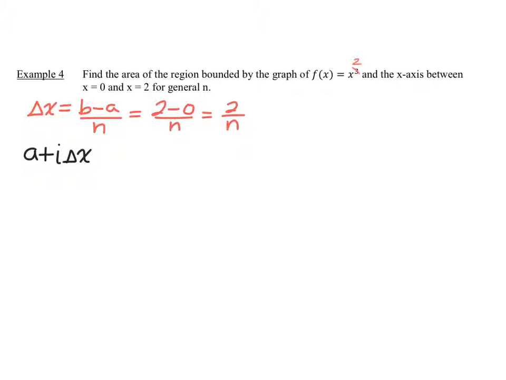So, a is 0. I want to keep i variable because I want it to be any i. I want this to allow me to be at any position under the curve. Delta x is 2 over n.